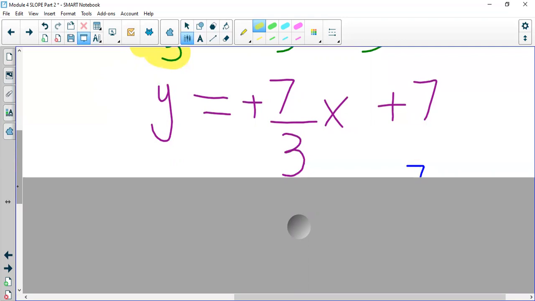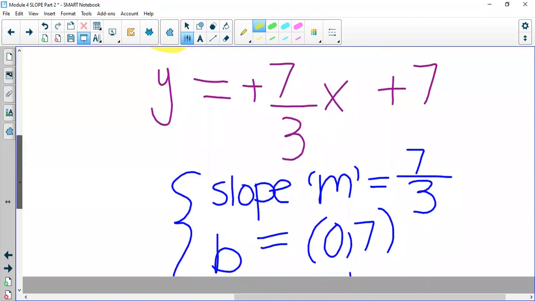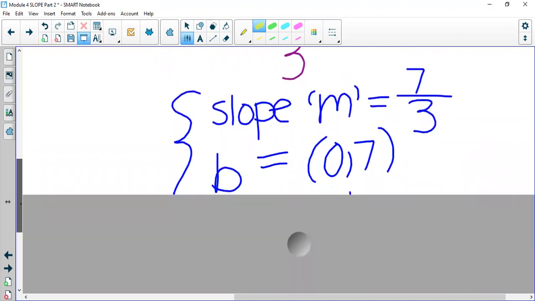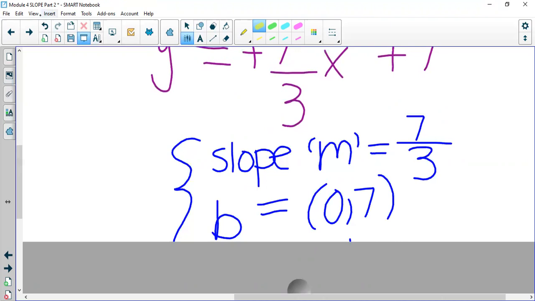It's impossible, right? So your integer rules are even more important than your fraction rules. Adding and subtracting with positive and negative numbers, multiplying and dividing. And then I can now state my slope and my y-intercept.